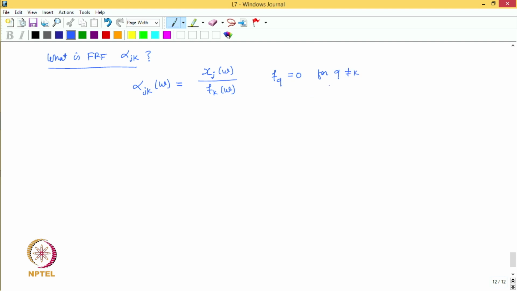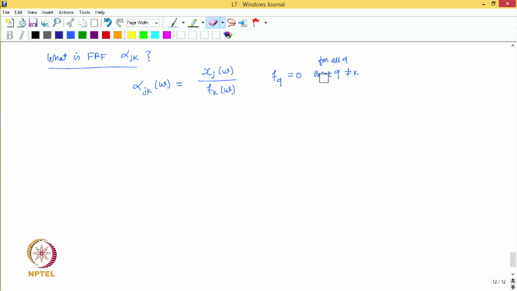So, for all q, fq should be 0 except q is equal to k.